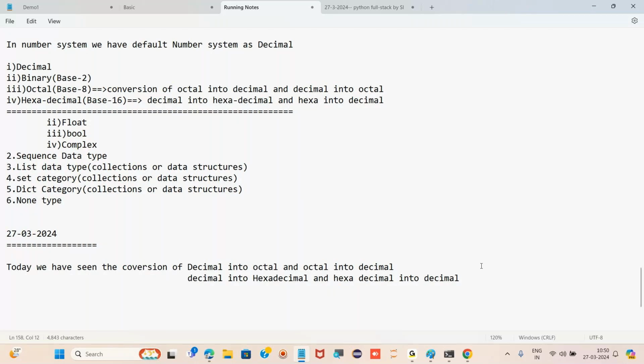So quickly we'll see the purpose of integer.